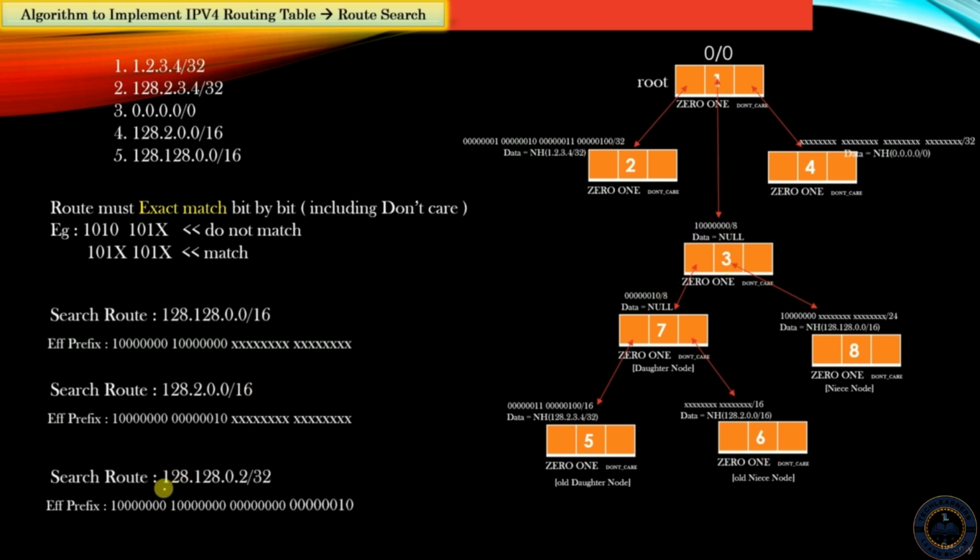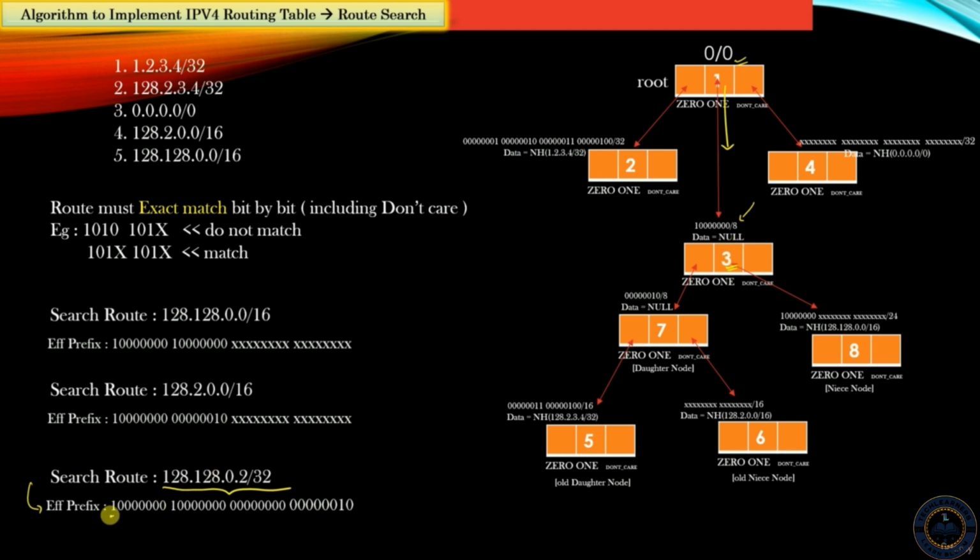Similarly, if I want to search the route 128.128.0.2/32, then again compute the effective prefix of this route and start your search from the root node of the mTrie. Since the first bit of this prefix is 1, I will take a path along the 1th child of the root node and I will land at node number 3, whose prefix length is 8.